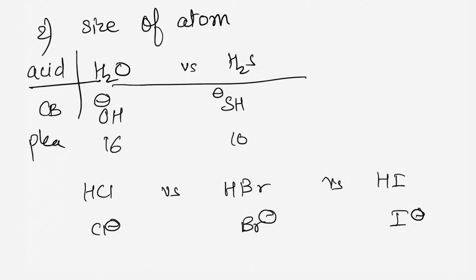As we go down in the periodic table, the size goes on increasing. So, I minus is really huge as compared to Cl minus. I minus is better able to stabilize that negative charge by spreading it over a large surface area, and thus HI will have a pKa close to minus 10, HBr will have close to minus 9, and HCl on the other hand will be close to minus 7, again indicating that HI is a better acid than HCl.